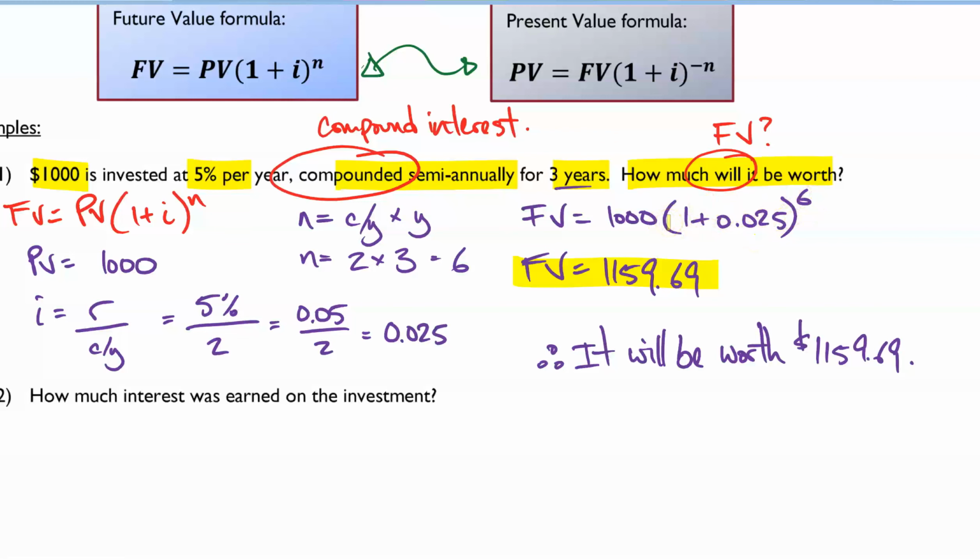If you have a scientific calculator that allows you to do it, you can actually try punching it all at the same time, 1,000 bracket 1.025 or 1 plus 0.025 in the brackets to the exponent 6 and see if it'll give you 1,159.69. I mean, if your calculator does it for you, then that's great, right? Because it'll sort out BEDMAS. But if it won't, then you're going to have to sort out BEDMAS first, okay?